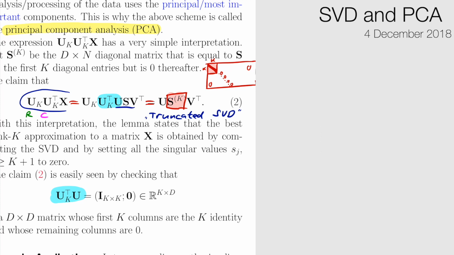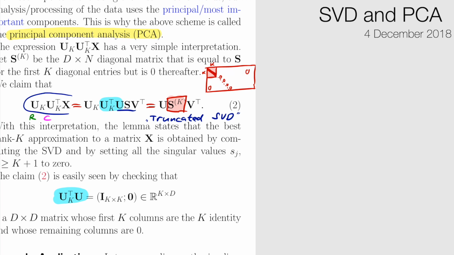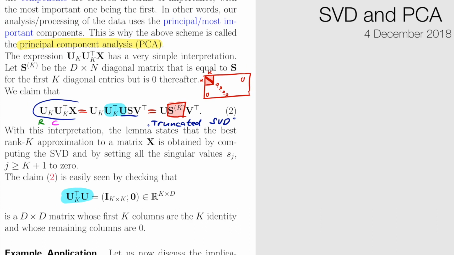And why is this the identity? Because this is an orthogonal matrix, actually orthonormal. What we're doing here is taking the first k columns of U, picking one of them and multiplying with all the columns of U. We said that all the columns of U are orthogonal anyway, so that's why you get the identity matrix here.